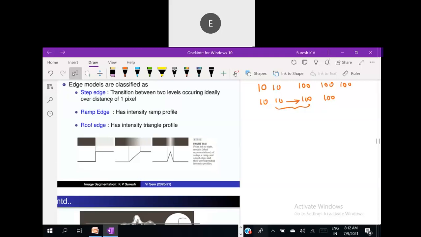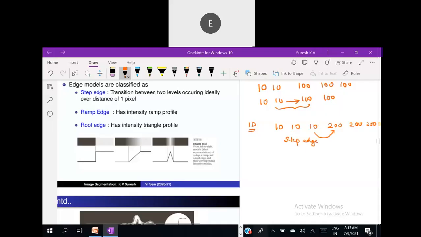For example, a step edge. What I have written already is an example for a step edge. I'll write a 1D profile so that it is easy for me. So a variation something like this, 10, maybe 200 here. What do you notice? Suddenly the pixel value is changing from 10 to 100. So this is an example for a step edge.